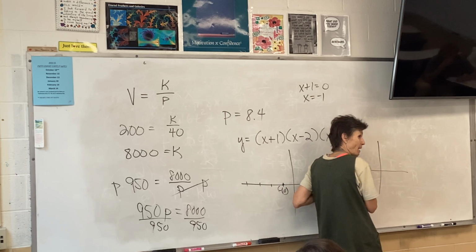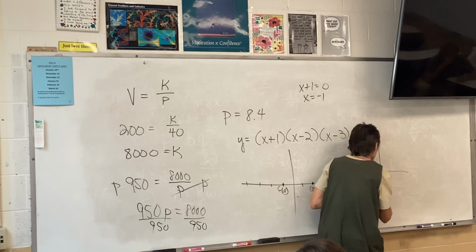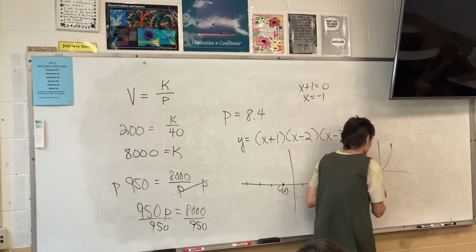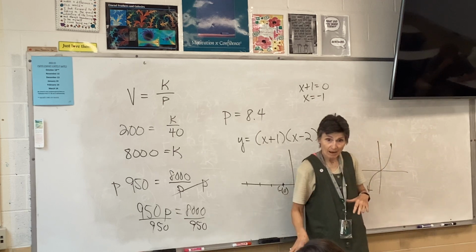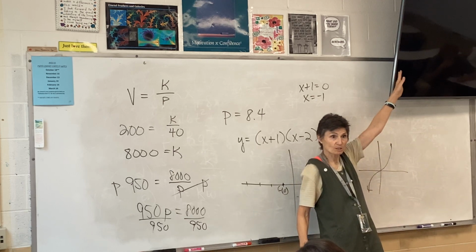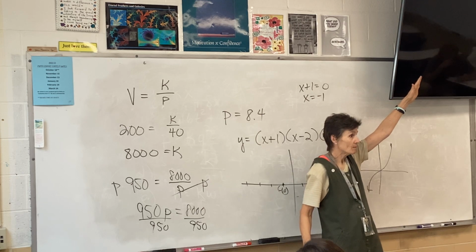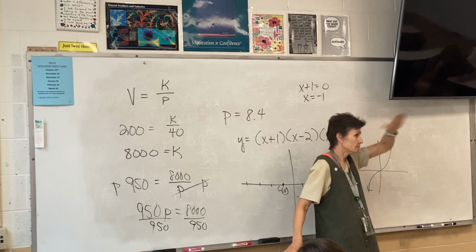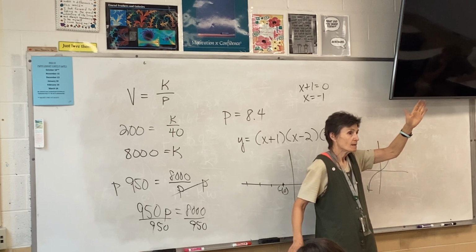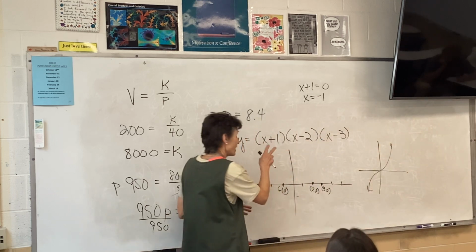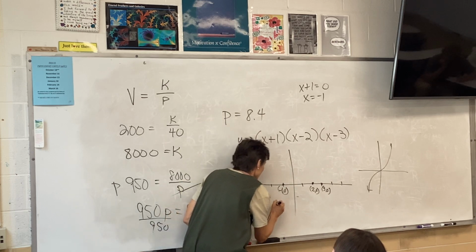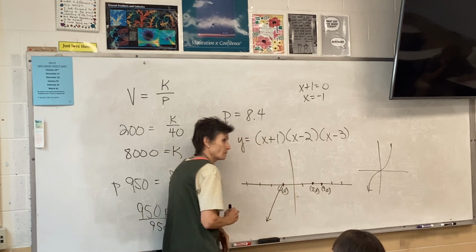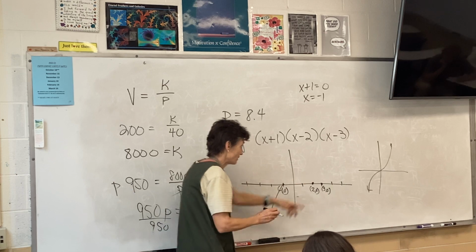Now, this one's going to be modified a little bit, but basically, an x cubed starts down here and squiggles its way and ends up here. That's the way cubes go, period, always. So this thing, because it's a cube, is going to start down here. There's the tail of it down there, just like right here.